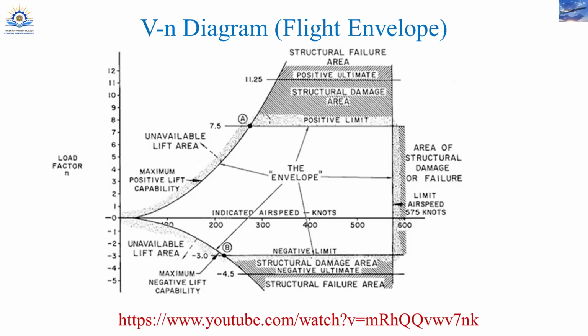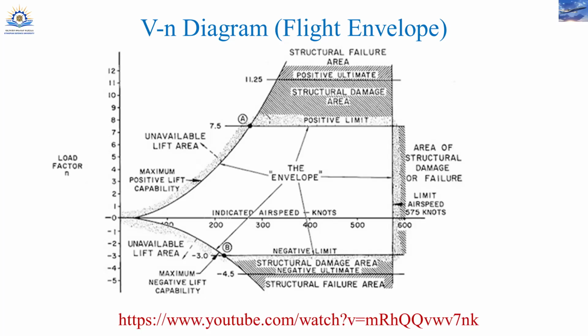The stall regions are here; that is the aerodynamic characteristic. That is the structural characteristic, and this one is the speed. All must be within the given limits, unless the aircraft will go to an undesirable condition like buffeting or other excitation cases. So we must operate the aircraft within the given limits.